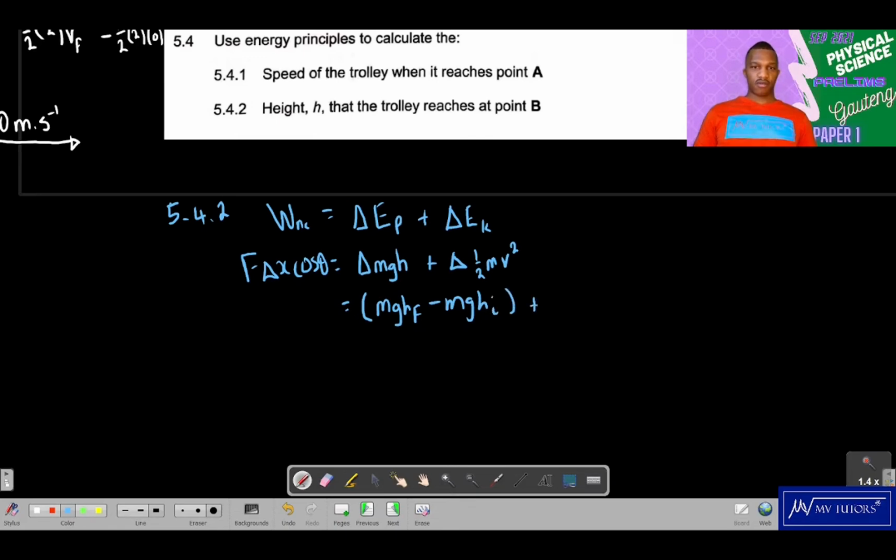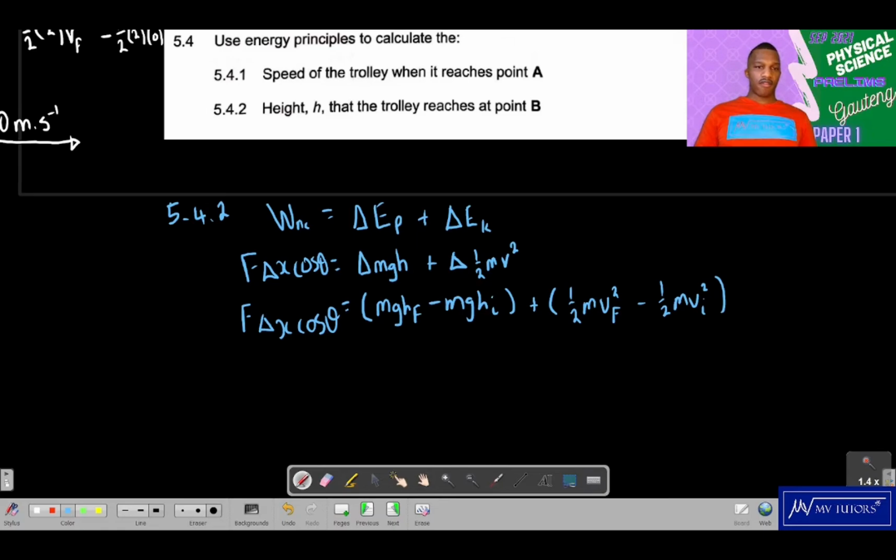Okay, so that's gonna be plus, also this side it's gonna be the half mv squared final minus the half mv squared initial. That's it. It's still gonna be f, change in distance, and then cos theta. All right, let's start filling this up now.